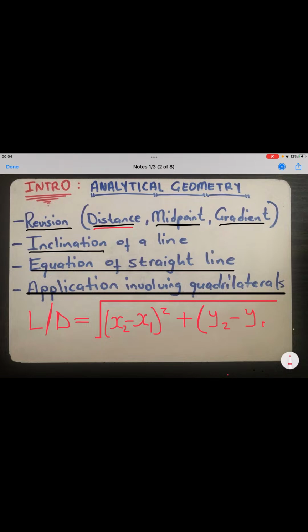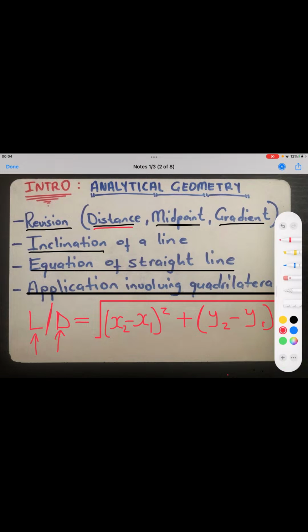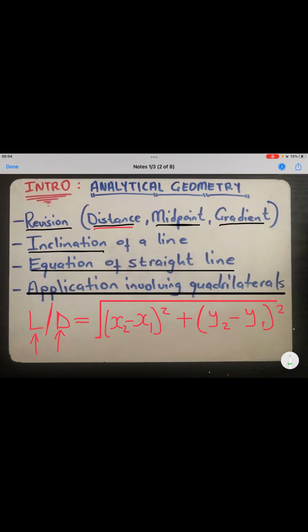Every time they want you to calculate either the length or the distance, just remember that this is what you need. And most importantly, guys, I always say analytical geometry is a game of two things.